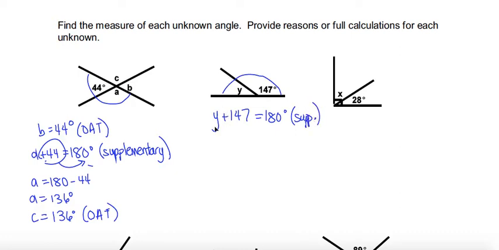I'm going to solve for Y now by moving my 147 to the other side and subtracting. So Y is equal to 180, take away 147, and Y is equal to 33 degrees.